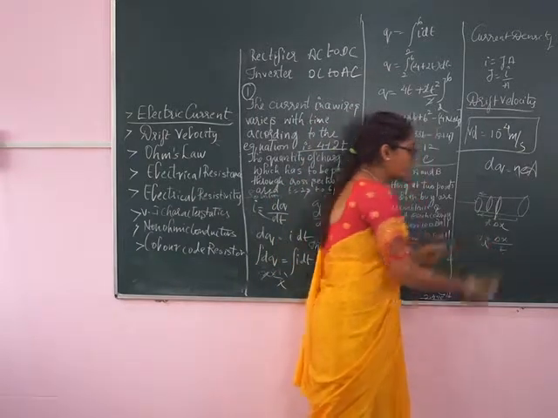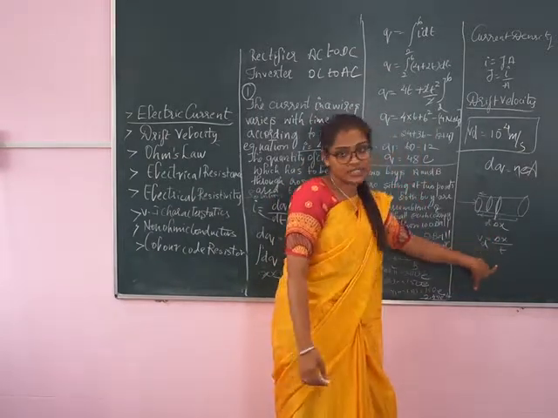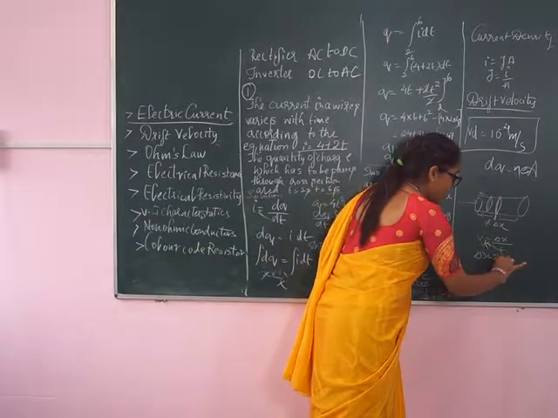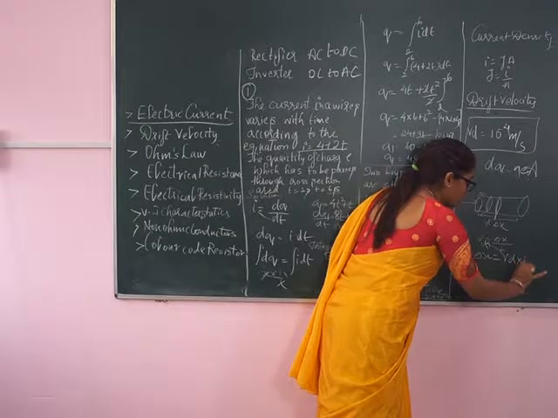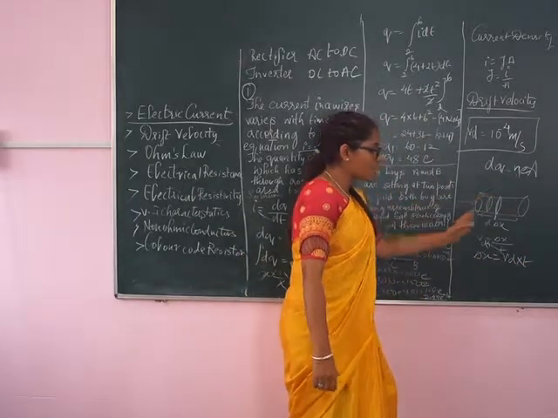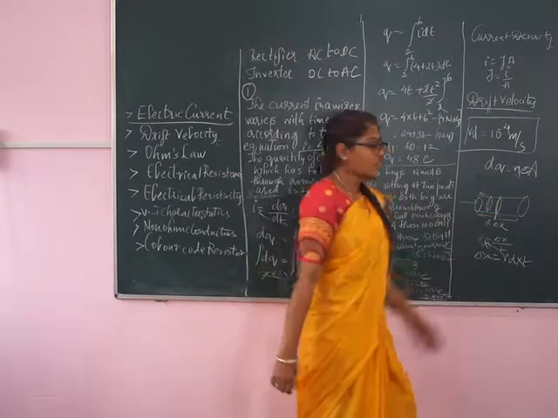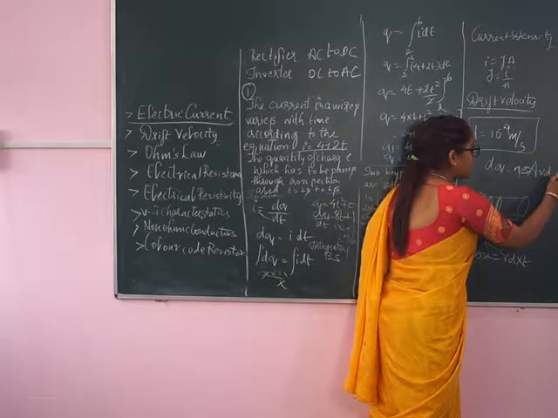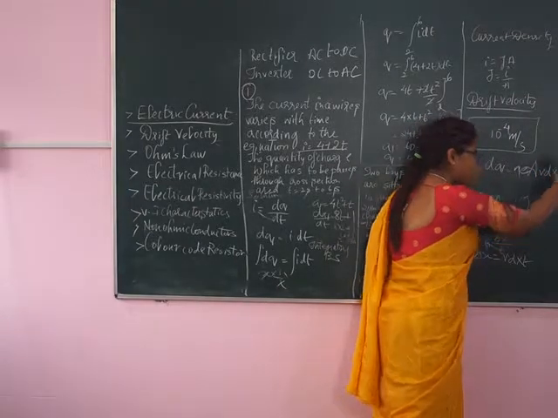So Vd is equal to delta x by time taken. Cross multiplying, delta x is equal to Vd into t. So in place of delta x, I can write Vd into t.